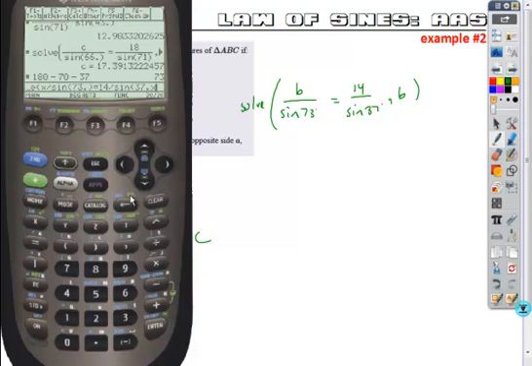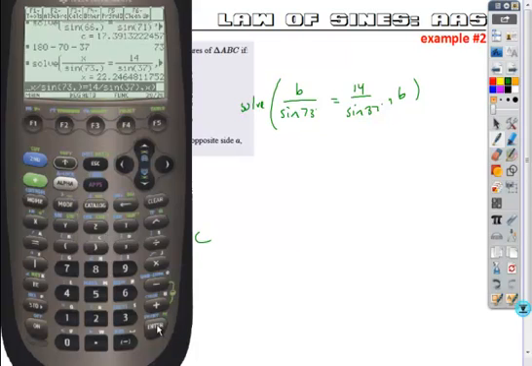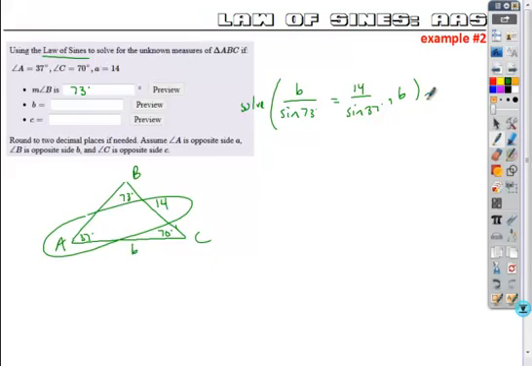Close that off. And then identify that I want to solve for my variable, which I called x. And that's going to give me my side measure, 22.25 approximately. And that's my side B.